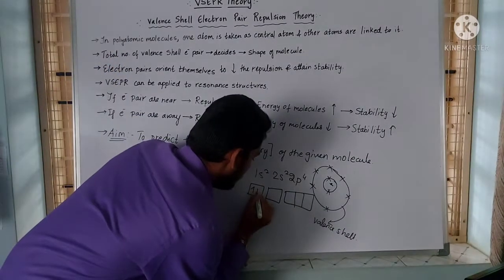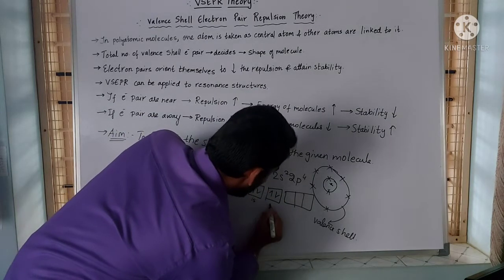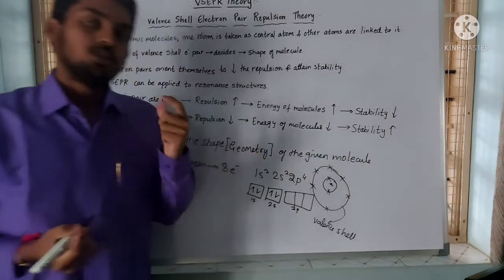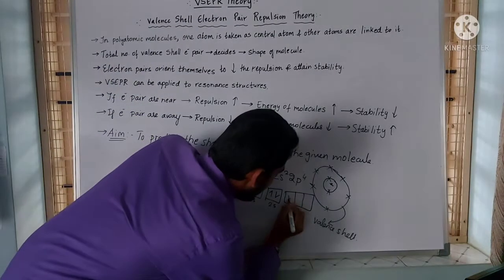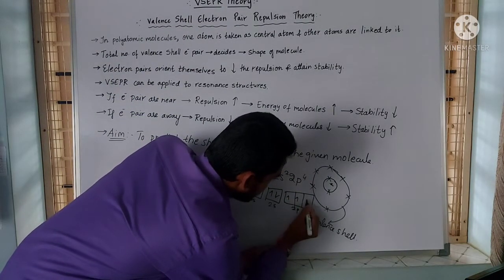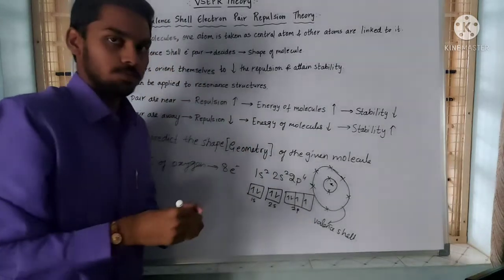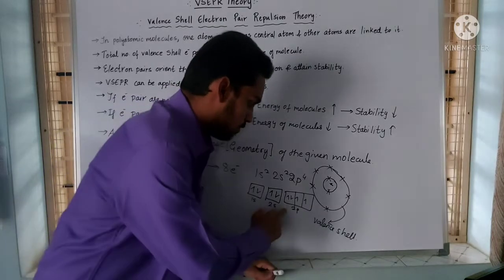This is 1s, this is 2s, and this is 2p. Now we have 4 electrons in p, so I will fill the electrons in this fashion.